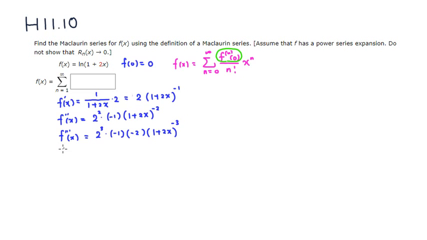Then I'm going to do one more just to make sure. The fourth derivative: you have 2 cubed already there, negative 1, negative 2 already there. So power rule, negative 3 in front, 1 plus 2x raised to the negative 4 power, and then multiply by the derivative inside, so another negative 2, another positive 2. So instead of 2 cubed, it's going to be 2 to the 4th power.